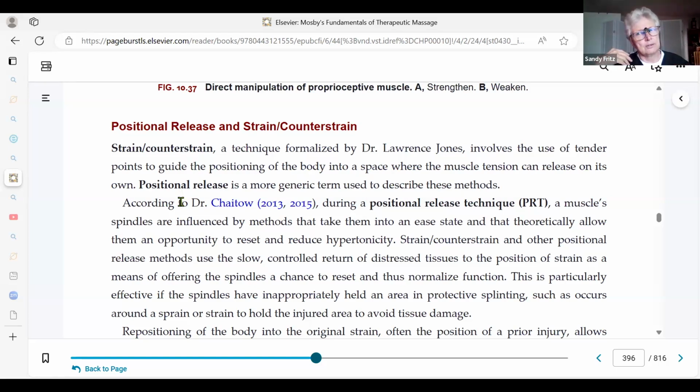So if it hurts for me to move my head like that, then I would find a way to move my head where it doesn't hurt. And then we would start there and calm the nervous system, and then start to tease it into the movement that is what we're trying to address, what we're trying to increase.